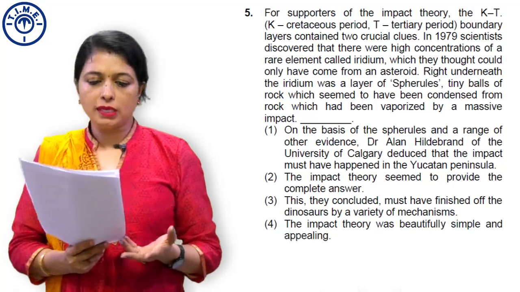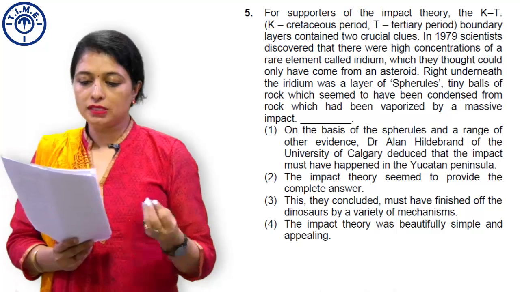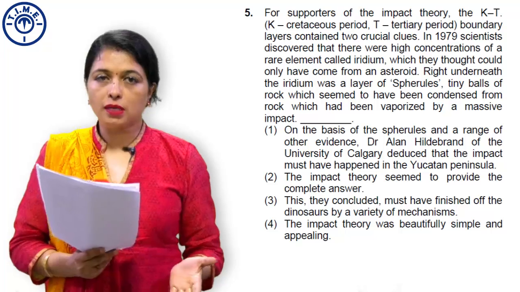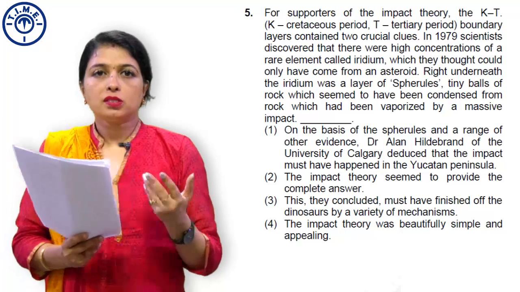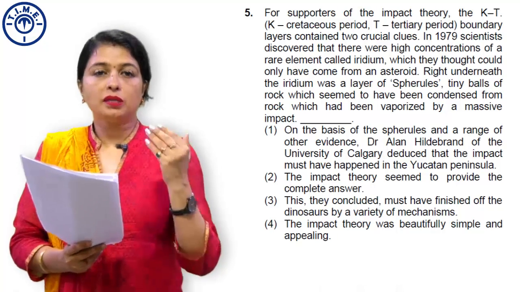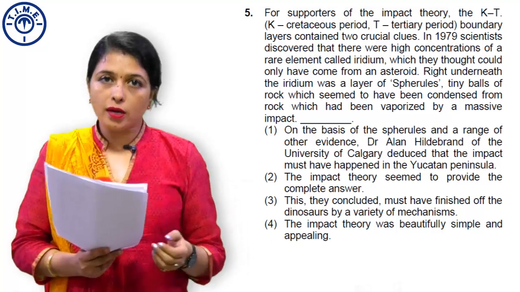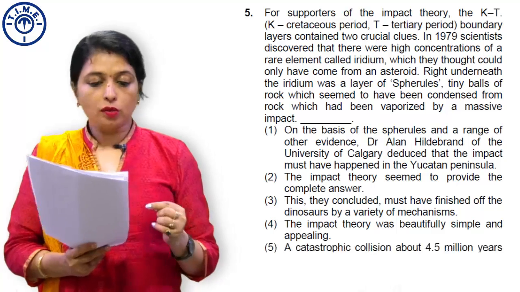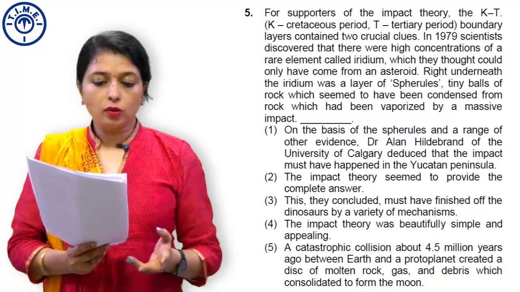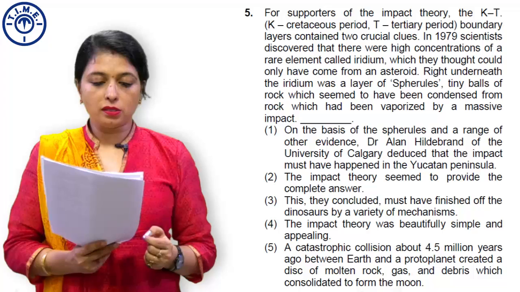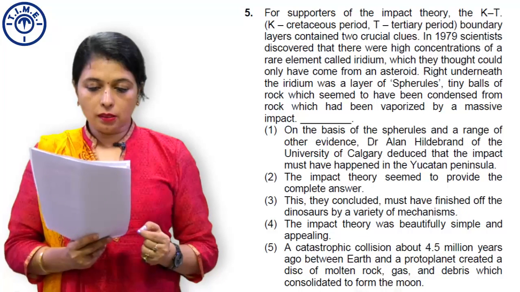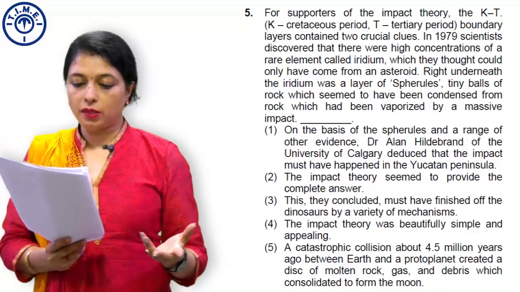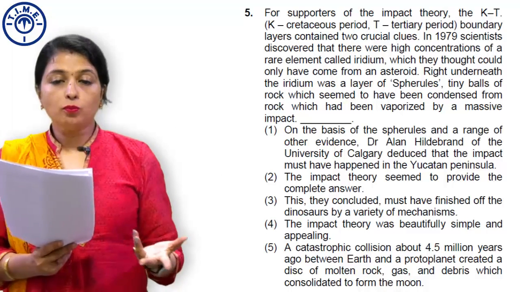The fourth one says the impact theory was beautifully simple and appealing. Now, this is clearly out of place, because there is nothing to suggest a link between this choice and what I just read out in the paragraph. So, we remove fourth and move ahead to read the fifth one. A catastrophic collision about 4.5 billion years ago between Earth and a protoplanet created a disk of molten rock, gas and debris which consolidated to form the moon.